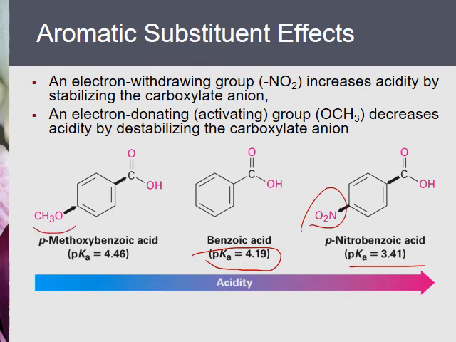Benzoic acid with electron donating group, methoxy, or activating group, the electron becomes rich in the ring and destabilizes the conjugate base, and therefore the benzoic acid becomes a weaker acid, pKa increases to 4.46.